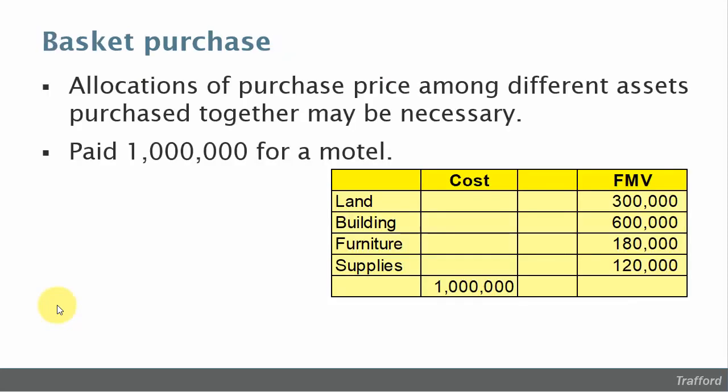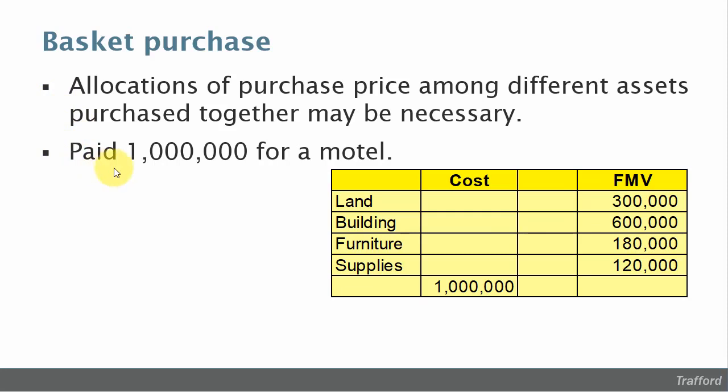Now let's talk about one final acquisition cost issue for accounting, and that's when you have a basket purchase. A basket purchase occurs when you buy many different types of assets together, and it's a really common type of situation. So for example, a business might pay $1 million for a motel. Well, what are they actually getting when they buy that motel?